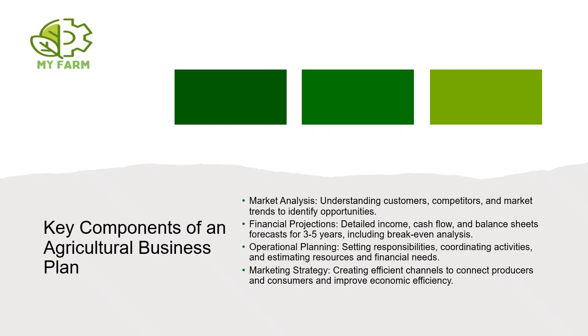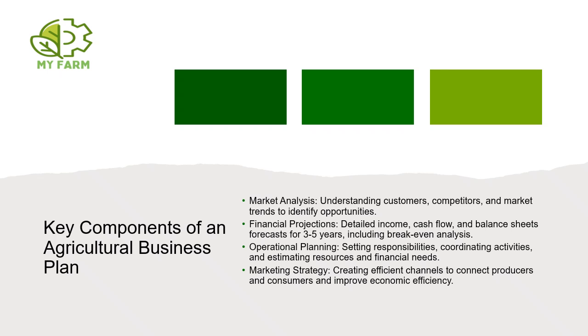Farmers must know who their buyers are, what products are in demand, and how their competitors operate. By analyzing consumer preferences, pricing trends, and emerging technologies, producers can position their farm to meet market needs more effectively and increase their competitive advantage.